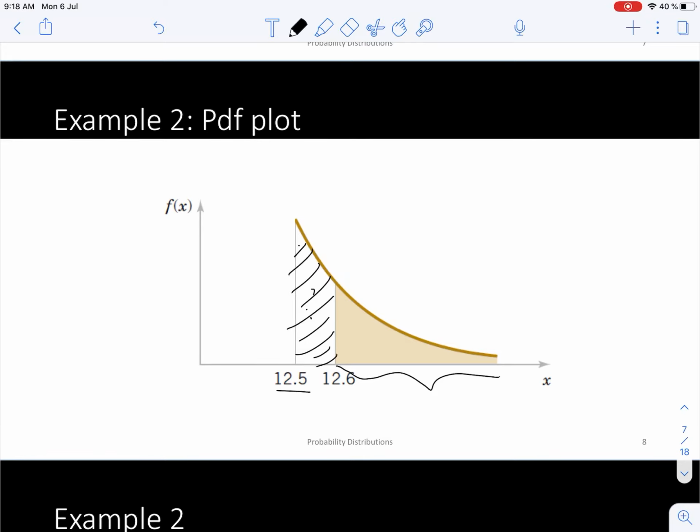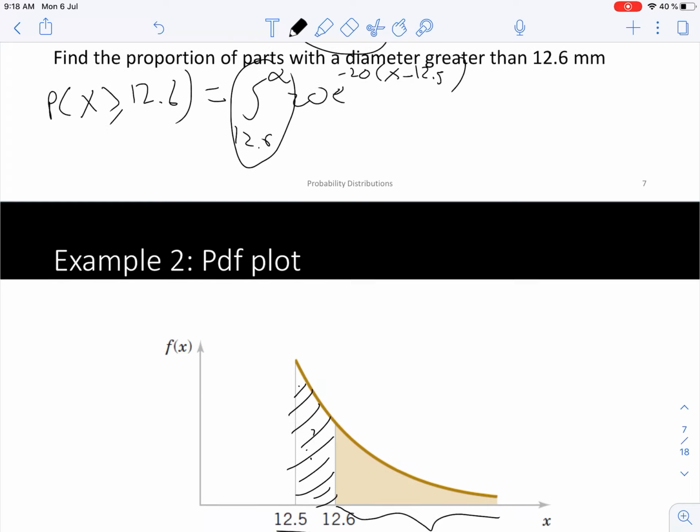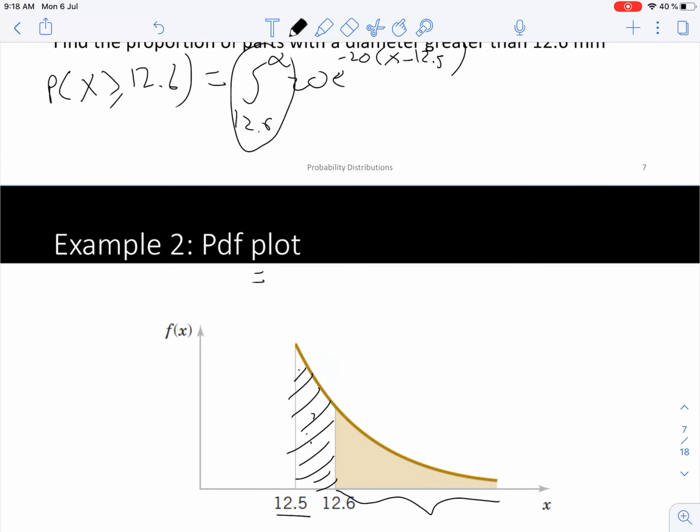If we do that, we will get the desired area, right? So that means that the desired probability is equivalent to 1 minus the integration from 12.5 up to 12.6, right? So we're removing this white space here, and we use, of course, the PDF function. And that's it.